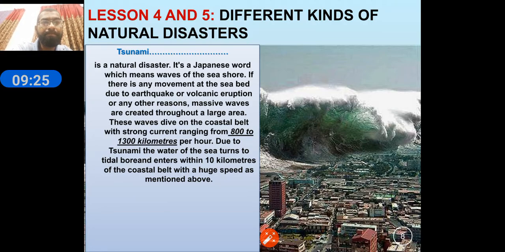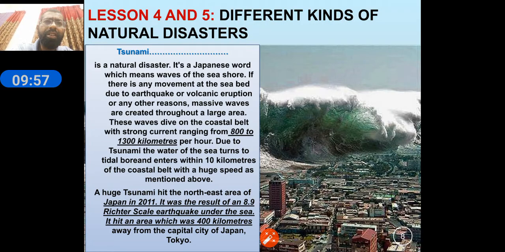We know that these waves hit the coastal belt with strong current ranging from 800 to 1300 kilometers per hour. And due to tsunami, the water of the sea turns into a tidal bore and enters with great speed up to 10 kilometers or sometimes more than 10 kilometers into the coastal area.